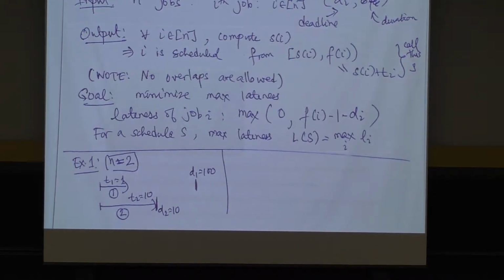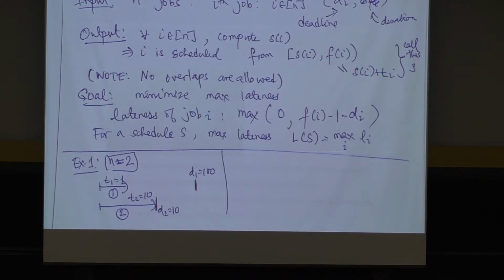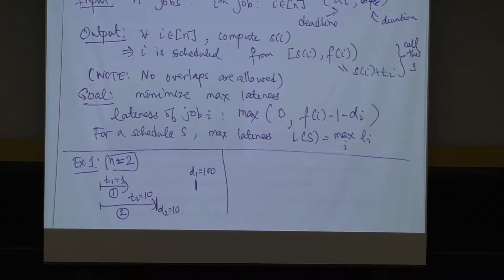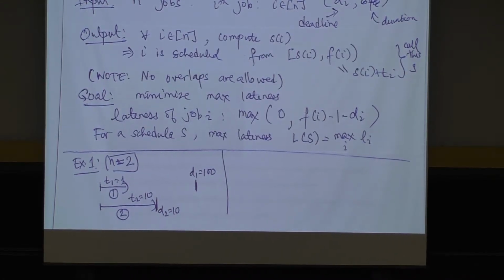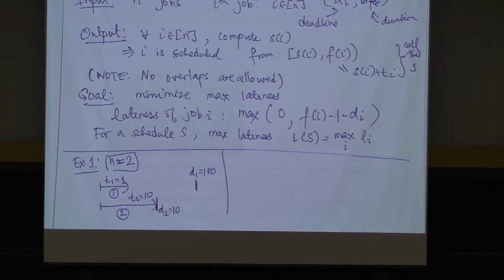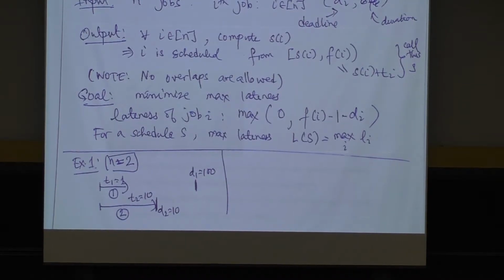Okay. So again, the idea behind the greedy algorithm would be similar as before. We want to figure out an order in which to look at various jobs. And once you have figured out the order, you just schedule them one after the other. So the moment you fix the order, in some sense, the start times are automatically determined.